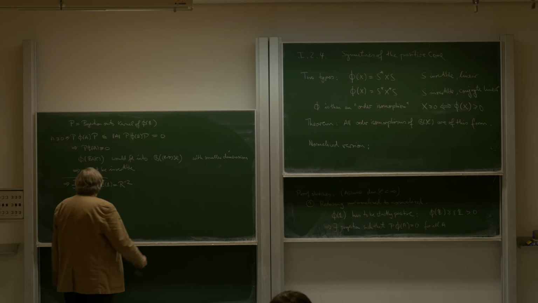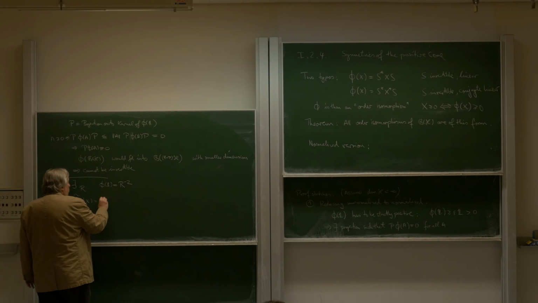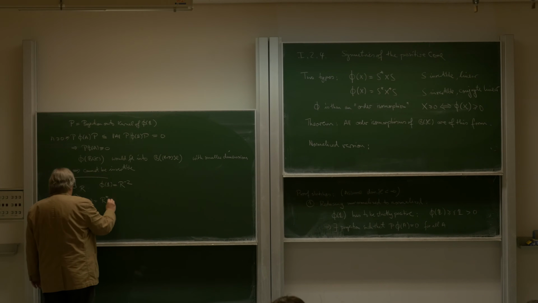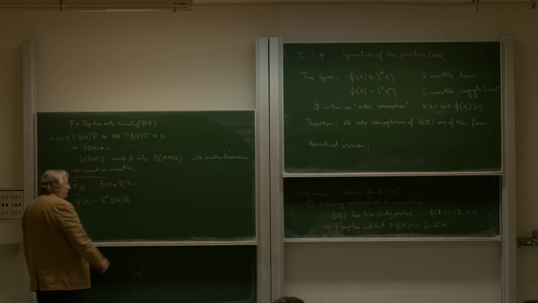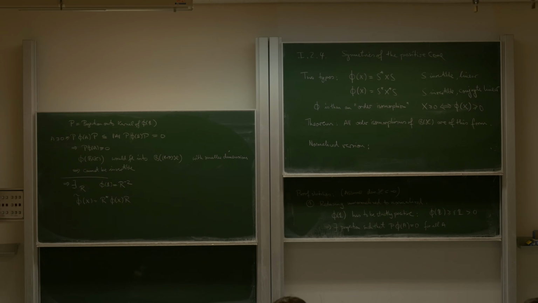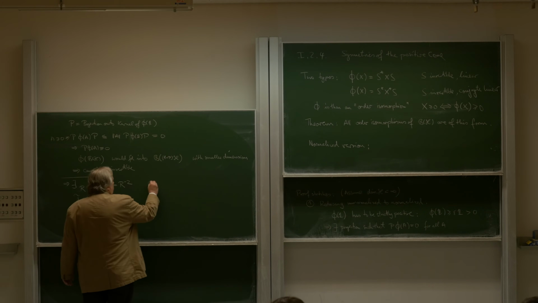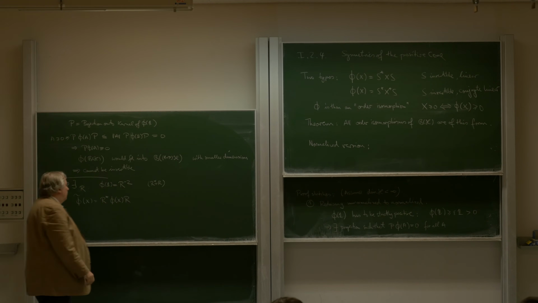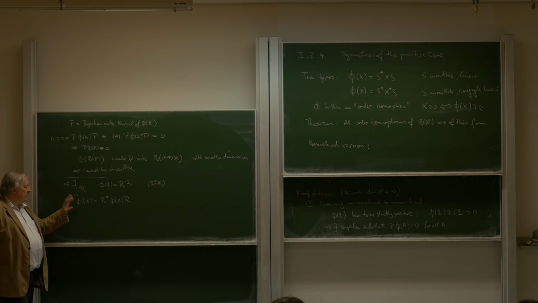So that's this guy. And I now define phi tilde of x to be R phi of x R. The star is actually superfluous, right? And you can even take it positive. It doesn't really matter very much.